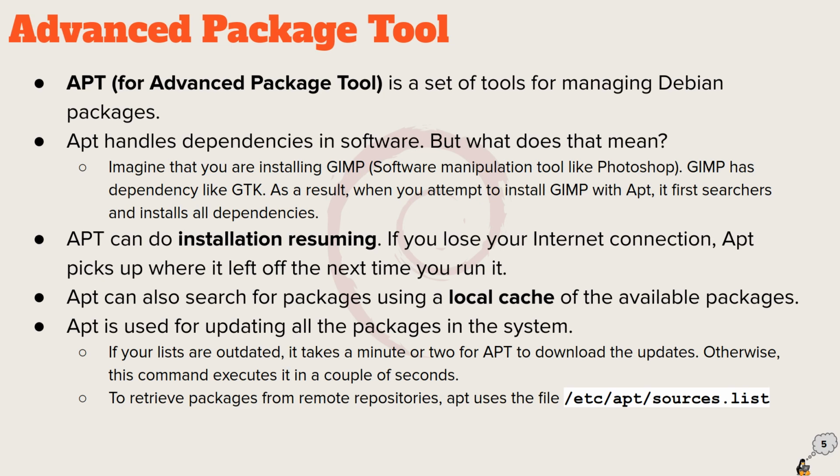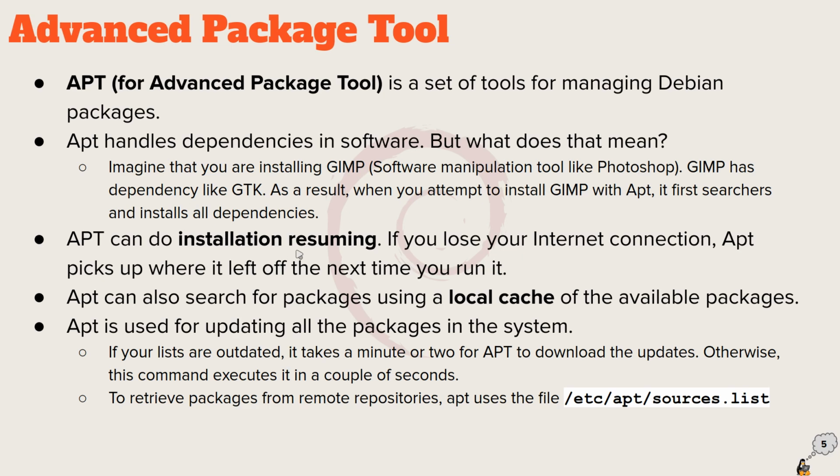Now, where does APT get this information from? Well, there is a file in your system called sources.list, located in the directory /etc/apt, where APT keeps a list of repositories where software can be downloaded from, and that's where the cache is built from. As simple as that. Okay.